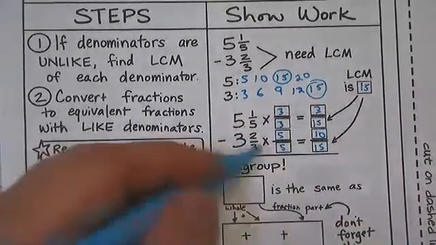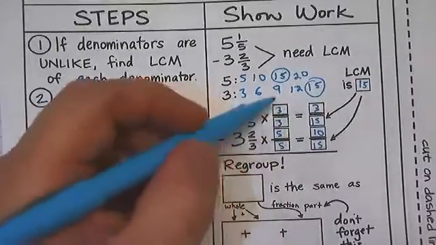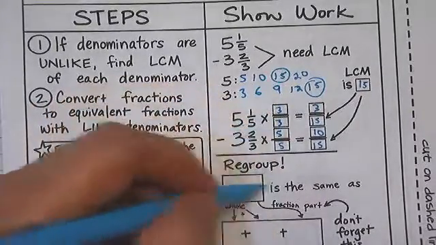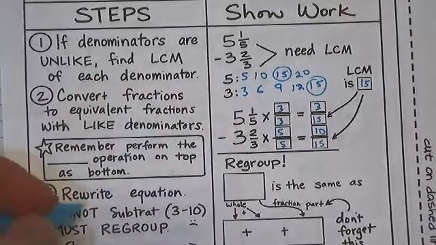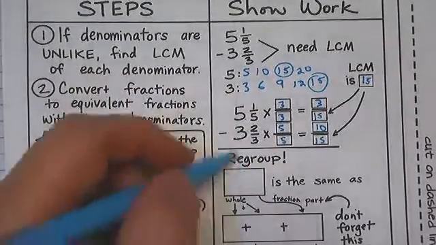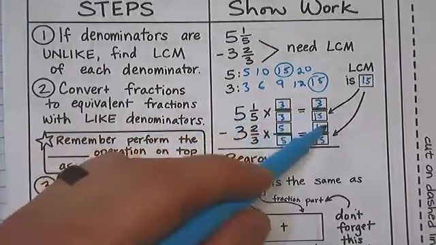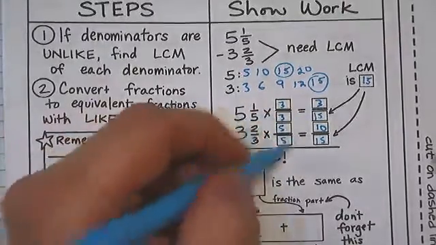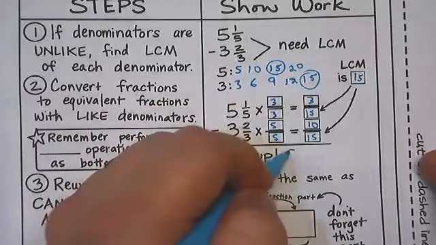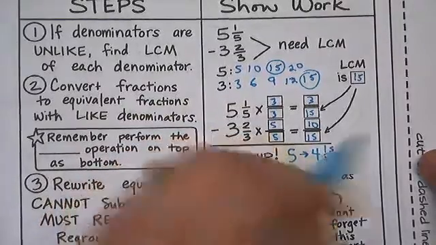Okay, so now we rewrite the equation. You cannot subtract 3 minus 10. You must regroup. So here's what we're going to do. We know that 5 and 3/15ths, I'm going to write it to the side. 5 is the same thing as 4 plus 15/15ths, right?